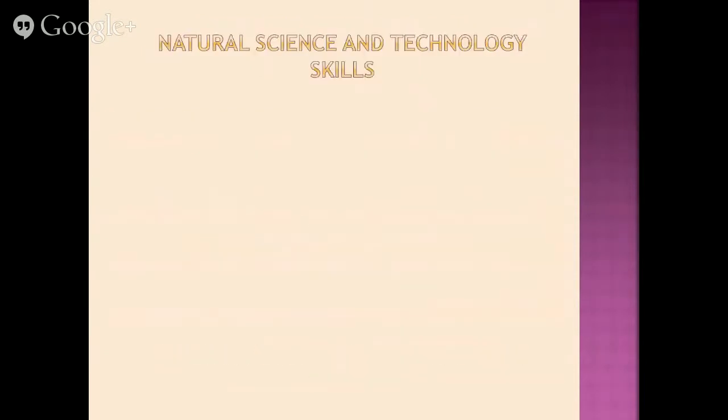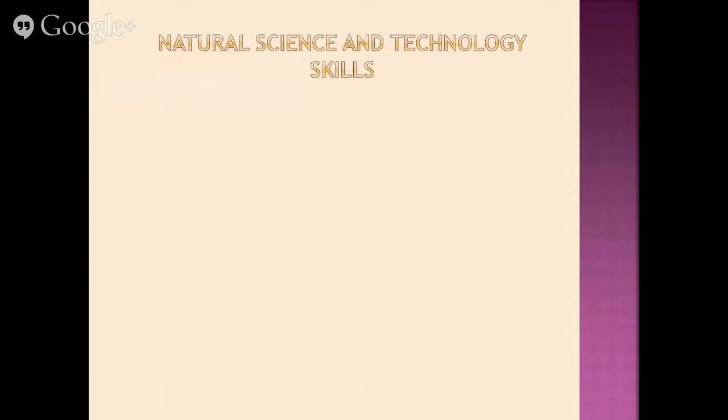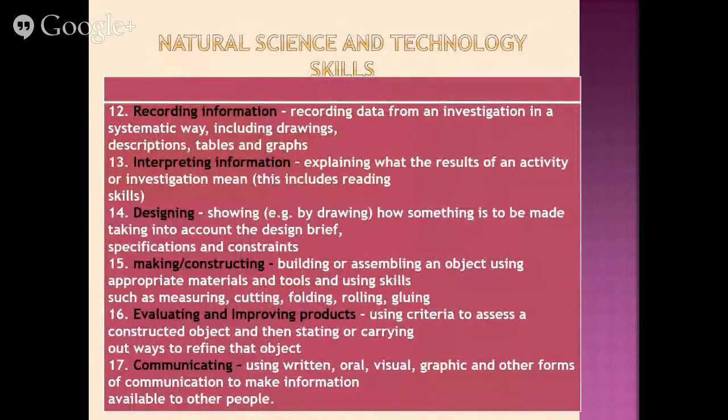There are 17 skills that have been listed in terms of doing science and in particular planning for investigations and process skills. They range from designing, evaluating, gathering, classifying, and so forth. It is going to be most important for you to study this in order for you to plan for it in your next assignment.